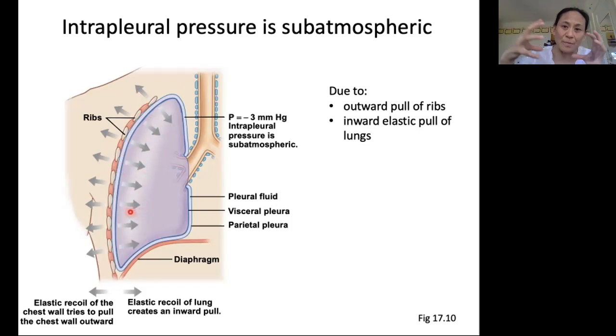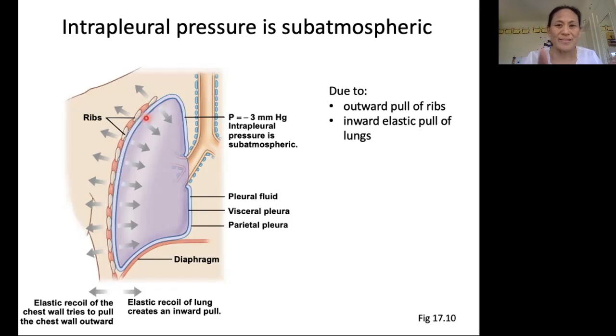We have this elastic pull inwards. So we're pulling on both sides of the pleura, okay? And because of that, the pressure of the fluid that's inside the pleura falls because we're pulling on both sides of it, okay? So that's why intrapleural pressure is subatmospheric.